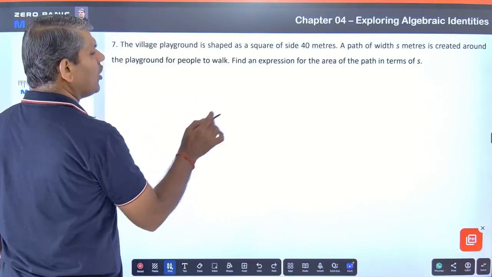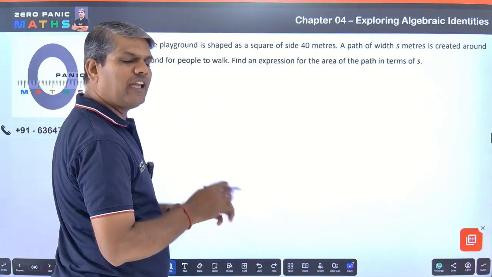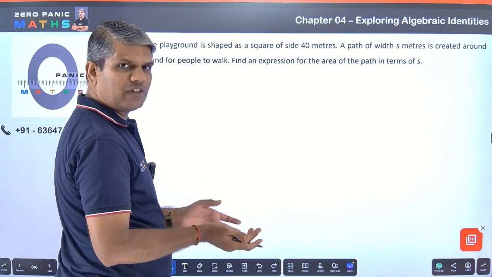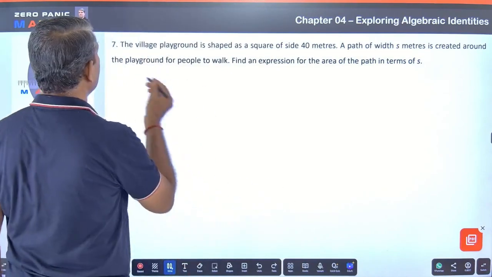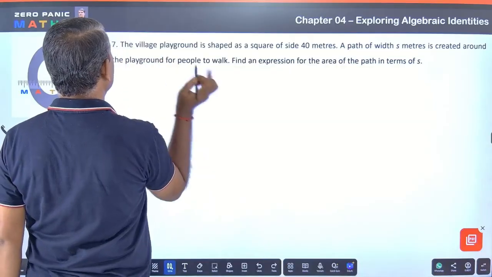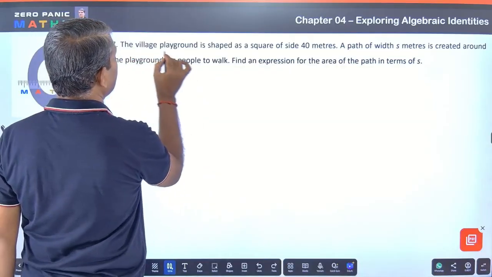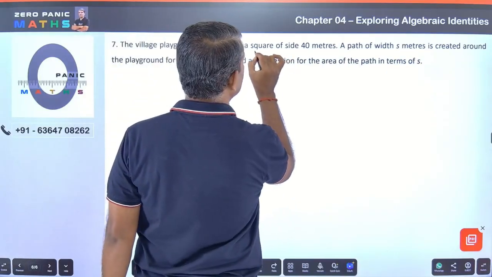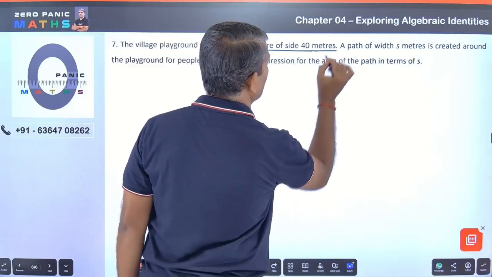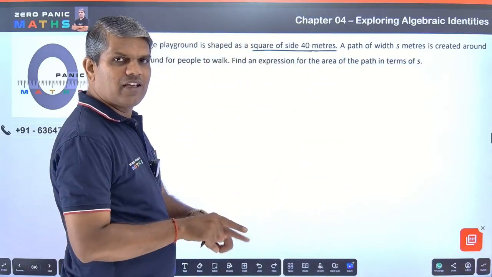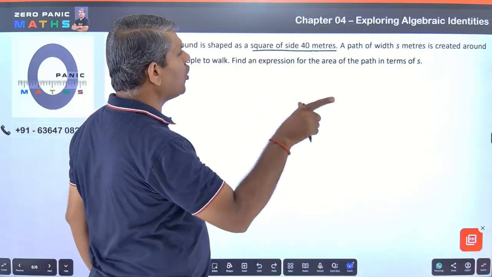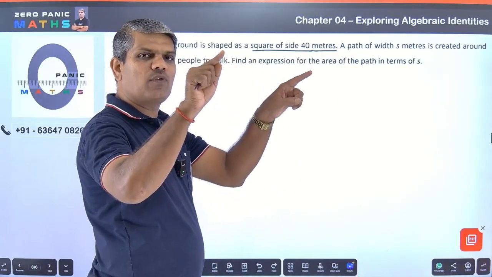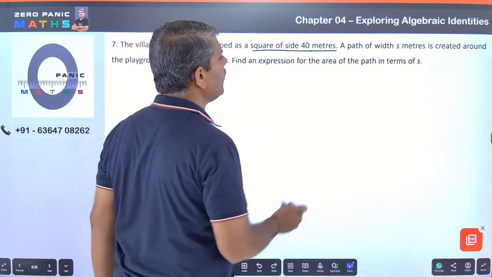Now it also will be representing indirectly an algebraic equation, solving which we will get the result. Let us read the problem carefully. The village playground is shaped as a square of side 40 meters. One side is 40 meters, so the other side will also be 40 meters.